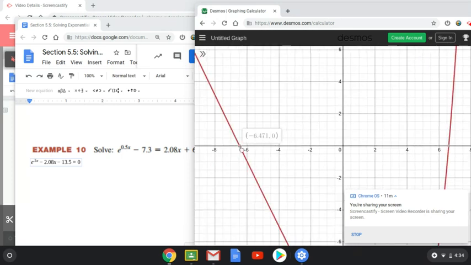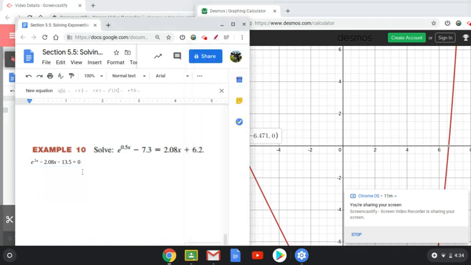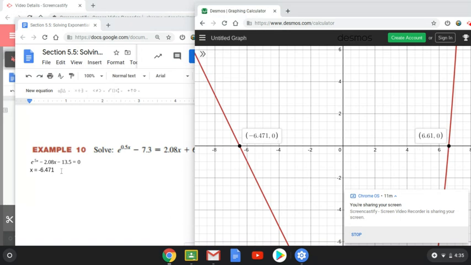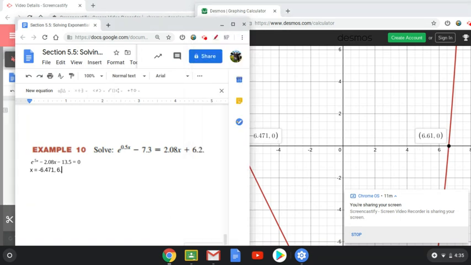Here's one of them over here at negative 6.471. And the other one is over here at positive 6.61. And there's my two answers. And again, guys, if you want to see how to do that by hand, I am happy to show you. It's just, to me, it's not an efficient way to solve that equation.